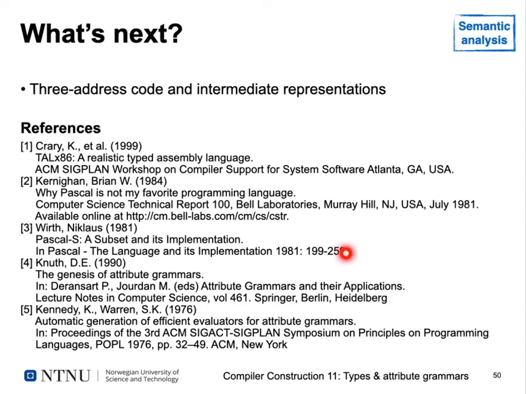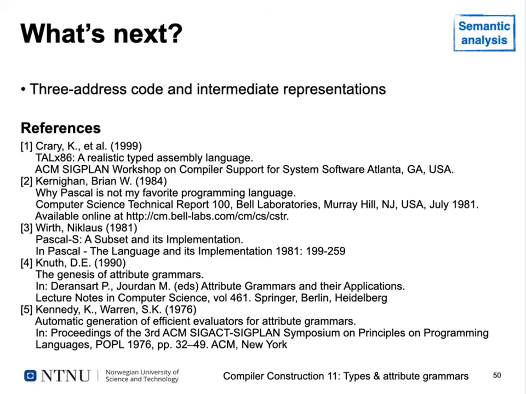This paper is 60 pages long because the complete source code for the compiler written in Pascal was included in that paper. So you actually have a complete subset of Pascal's simple compiler included in a scientific paper, which is part of a book. I bought this book from a reseller because you can't buy it new anymore. If you'd like to take a look at that, feel free, and I can lend you this book.